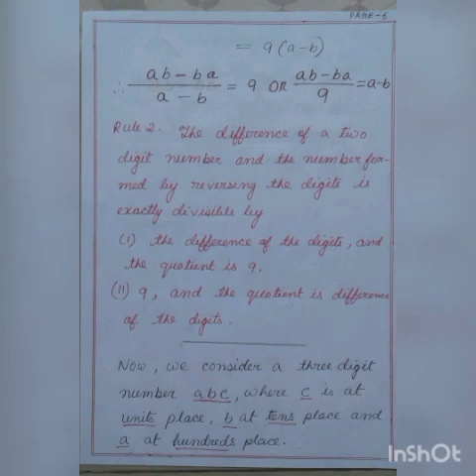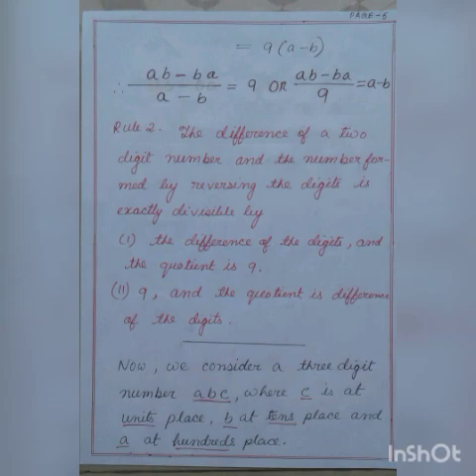If I keep 9 alone, I can write (AB minus BA) divided by (A minus B) equal to 9, or if we keep A minus B alone, I can write (AB minus BA) divided by 9 is equal to A minus B. So rule number 2: the difference of a two-digit number and the number formed by reversing the digits is exactly divisible by the difference of the digits, and the quotient is 9.